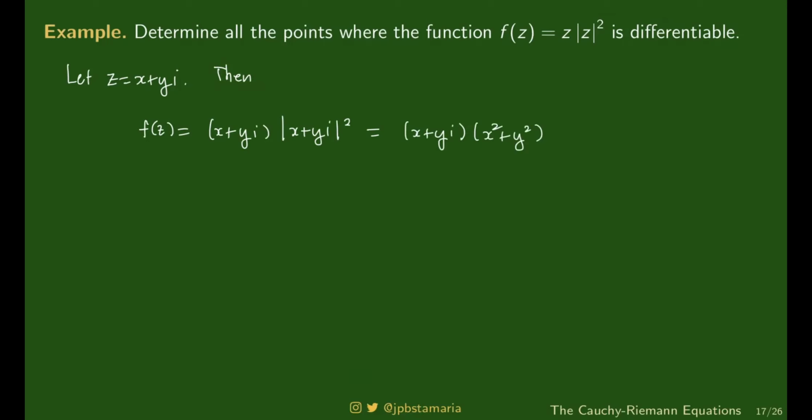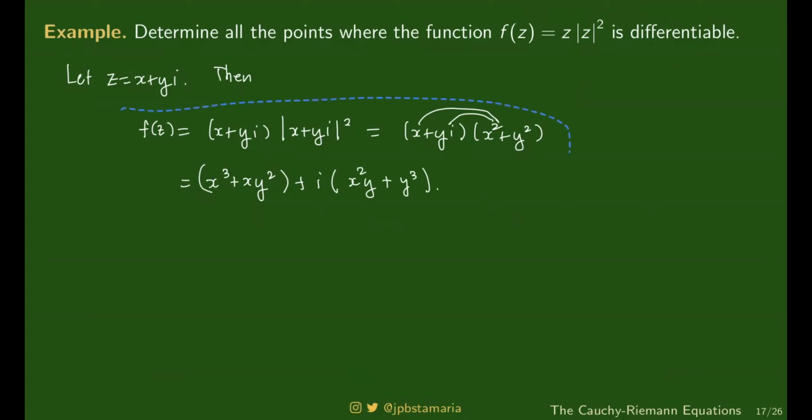Okay? And then, identifying the real and the imaginary parts, this is what we get. I multiply mo doon, tapos pag ganon. That's x cubed plus xy squared plus i times x squared y plus y cubed. Okay?